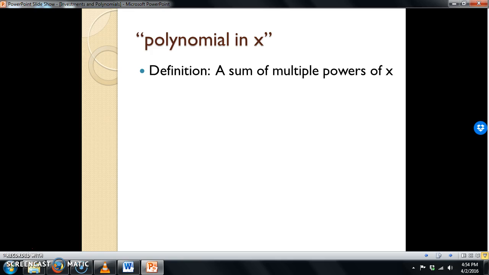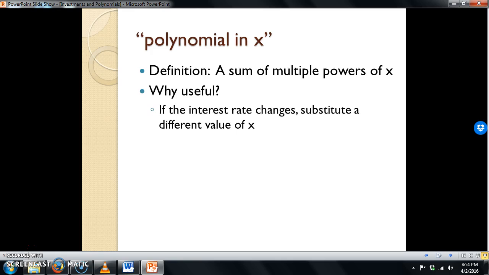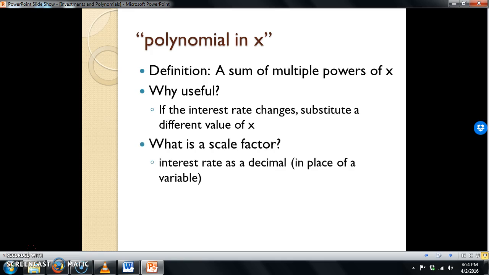So polynomial in x, that term fits into what I was just showing with that last long polynomial. The definition is a sum of multiple powers of x. Why is that useful? Well, if the interest rate changes, we substitute a different value of x. We also call that the scale factor, and the scale factor in a problem with investments is the interest rate, but we make sure to write it as a decimal.